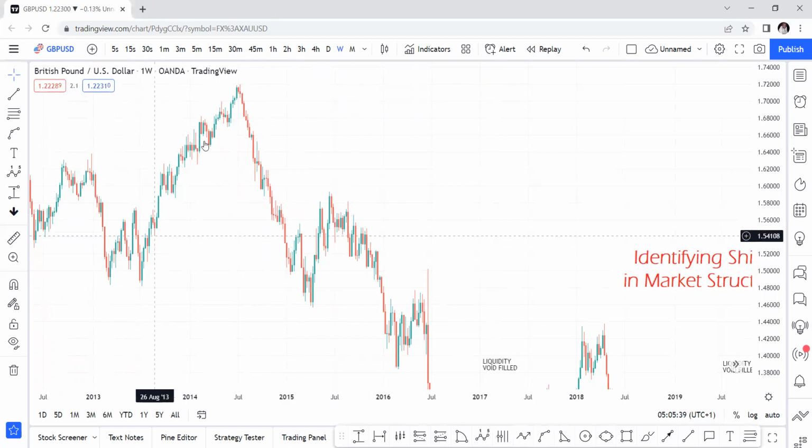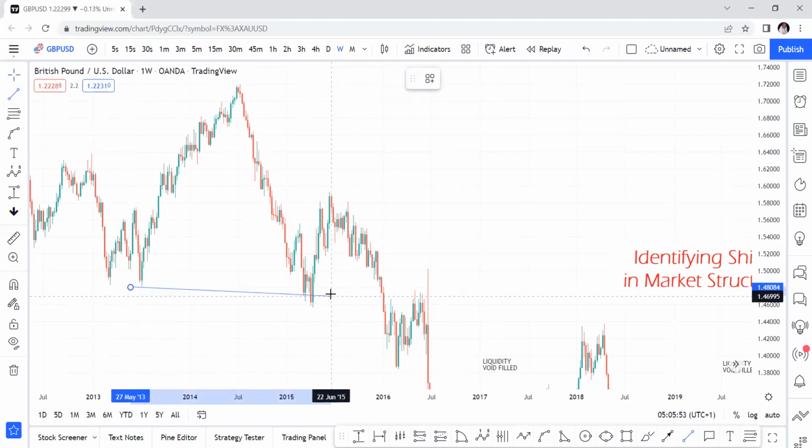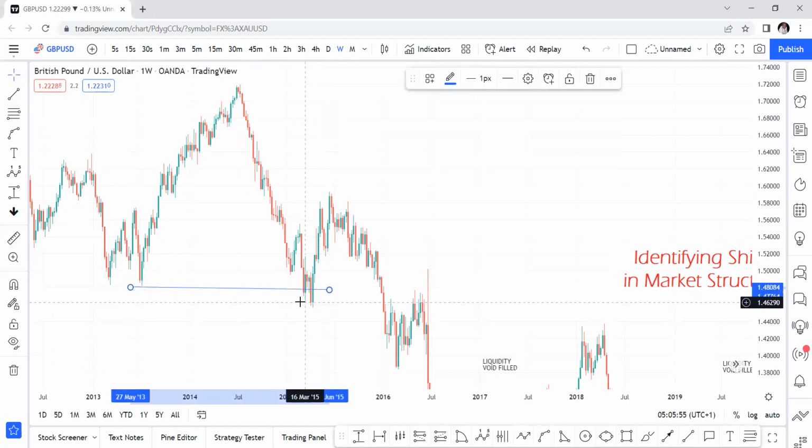So, for example, this is a gap created by the buyers here, and after being filled downward, you see price moving in the opposite direction.